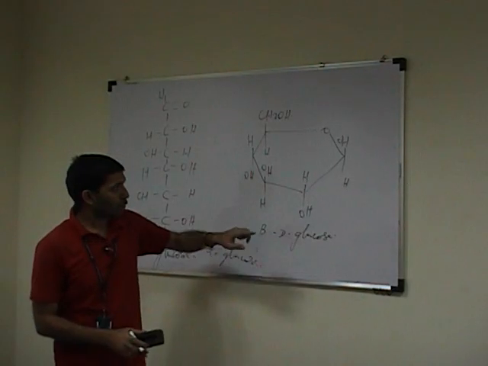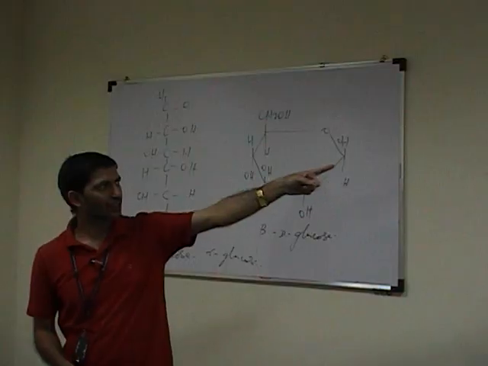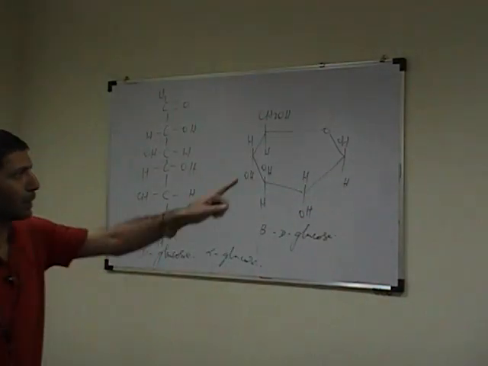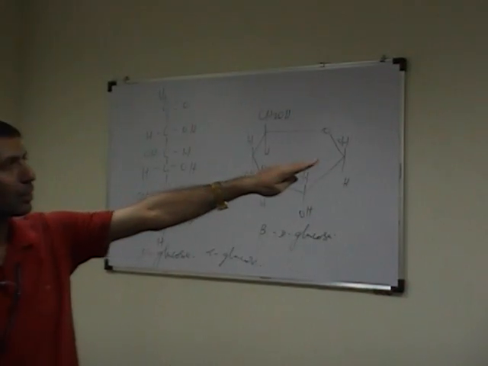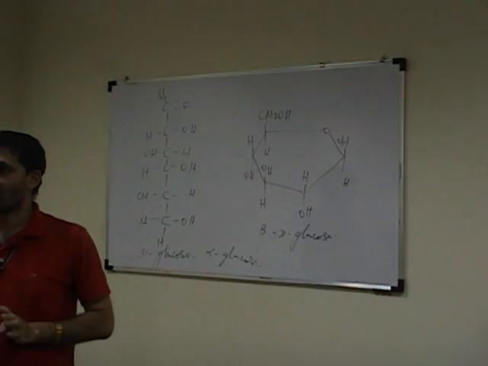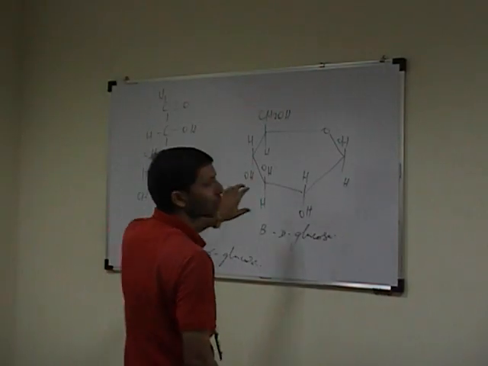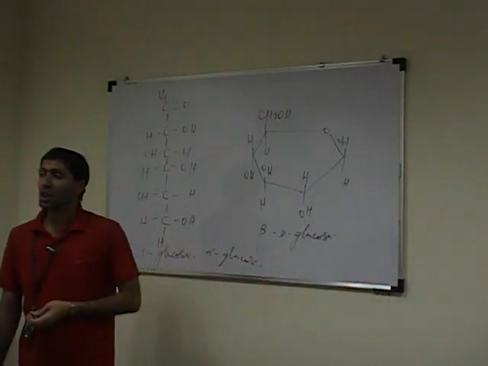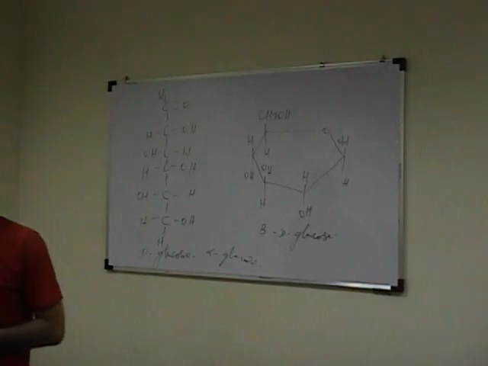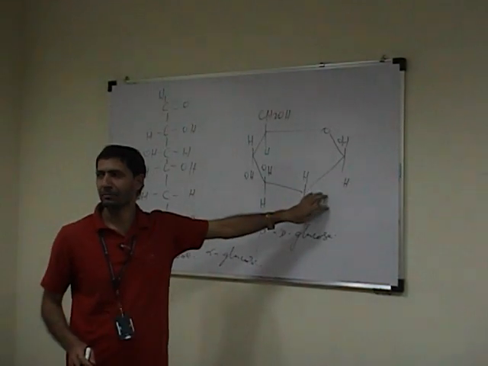Understand? So this rotation is called change in the optical rotation. For example, alpha and beta anomers of D glucose interconvert in aqueous solution. When glucose is dissolved in water, 64% of the solution contains beta glucose.